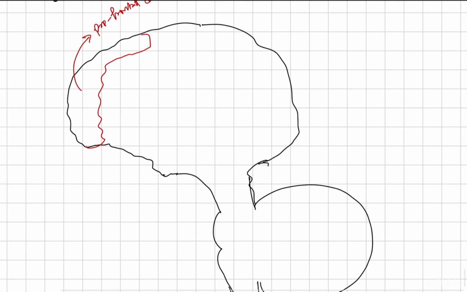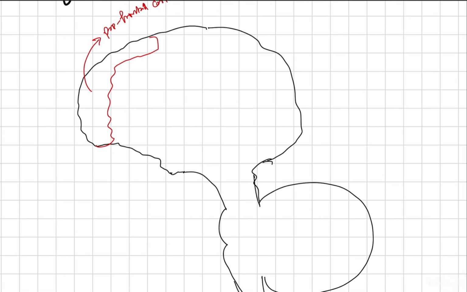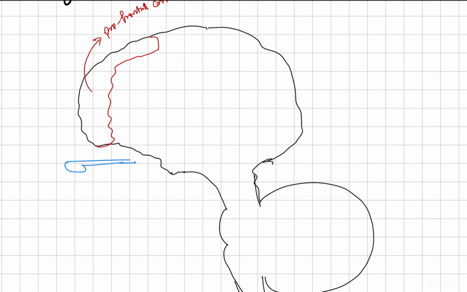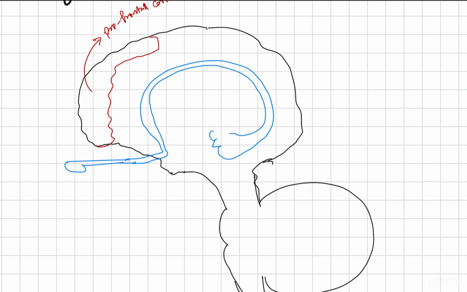When we look at this prefrontal cortex, first I am going to draw the optic tract. Then the hippocampus forming, and in this region we can look at this, and also there is the thalamus.